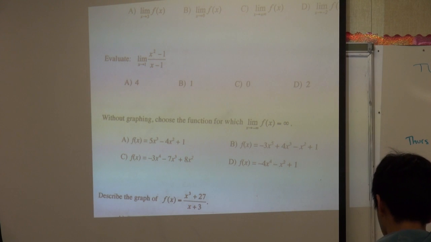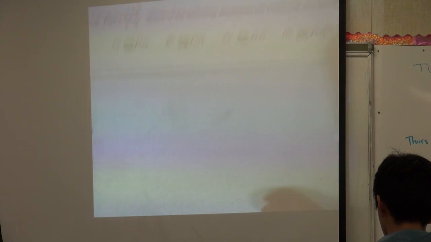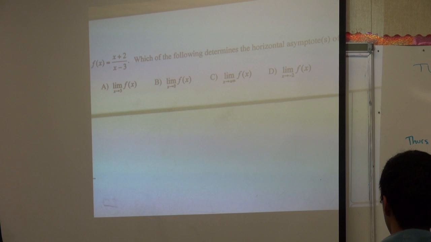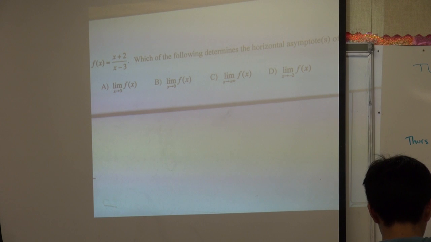Okay. Here's another question that we didn't score very well on. And this one I can remember for sure somebody coming up to me and asking me about. It gives you a rational function, and it asks you which of the following determines the horizontal asymptotes. Now, at the time when people were taking the test, they said that the horizontal asymptote was 1.